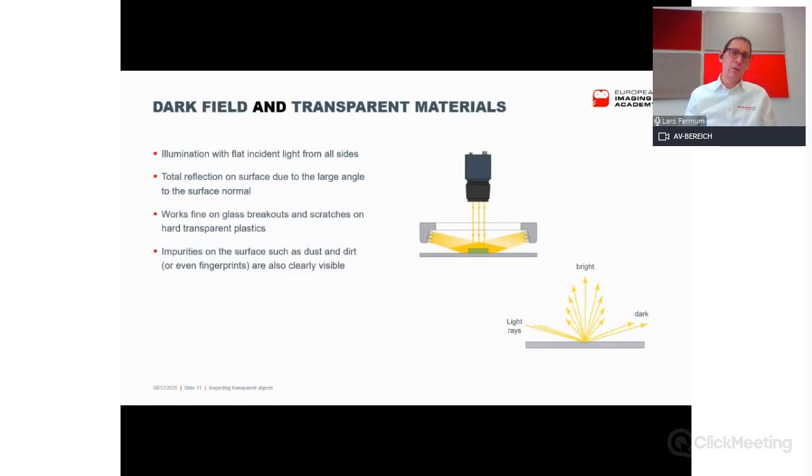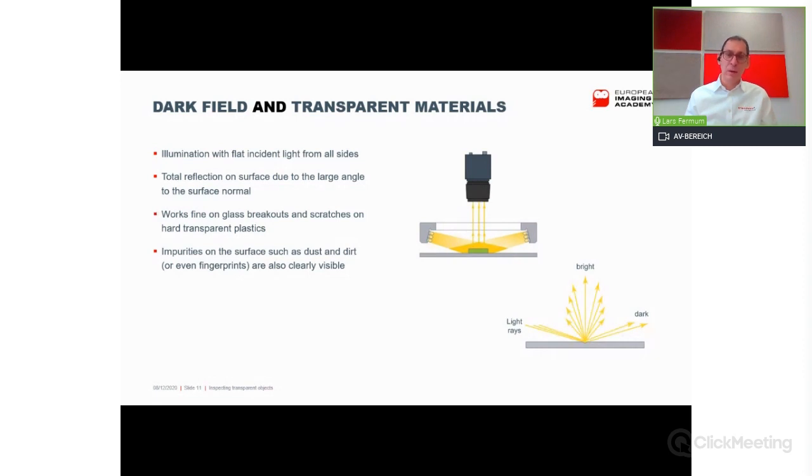Next, now we talk about dark field and transparent materials. Dark field technologies can also be used for the inspection of transparent objects. So this lighting type generates very flat incident light from all sides.